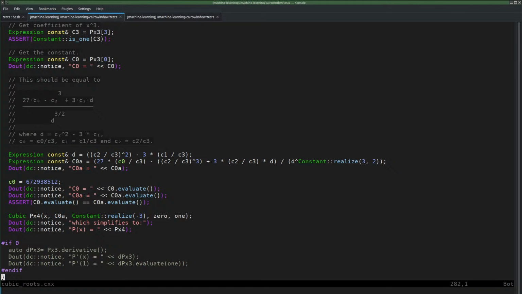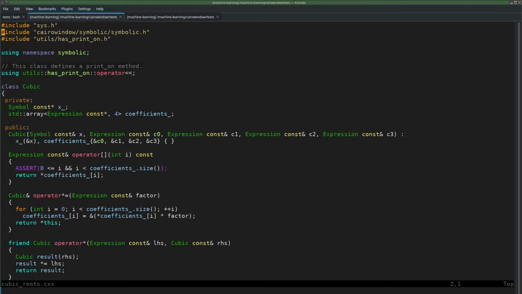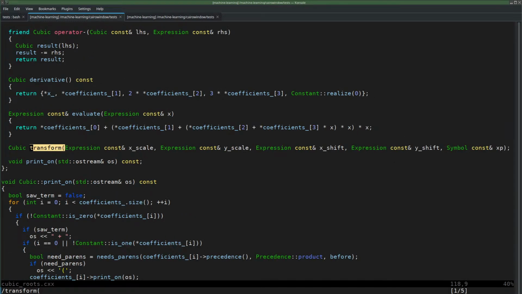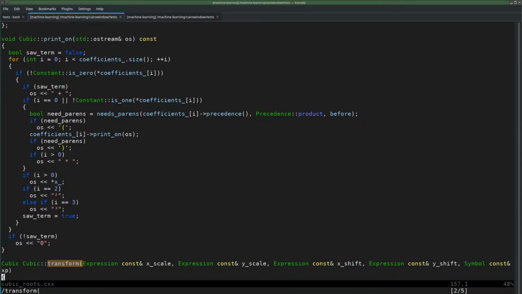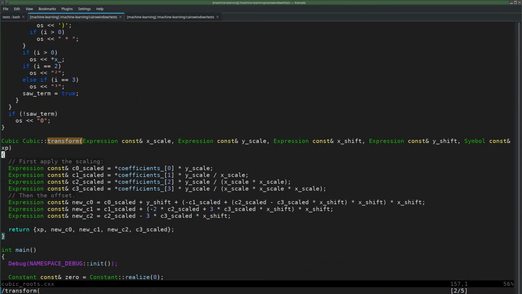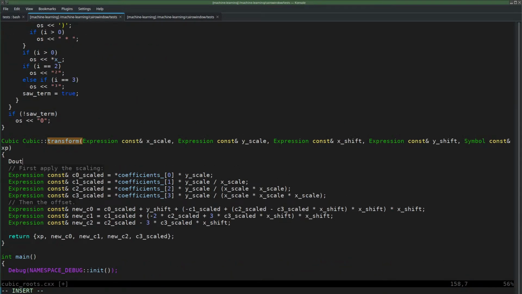Test. Okay. So if I just print here the transforms that we do.